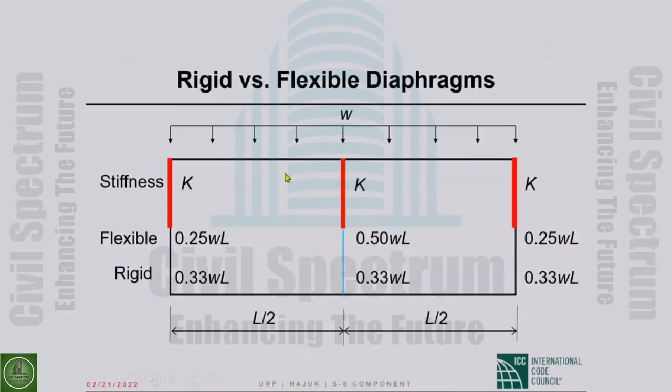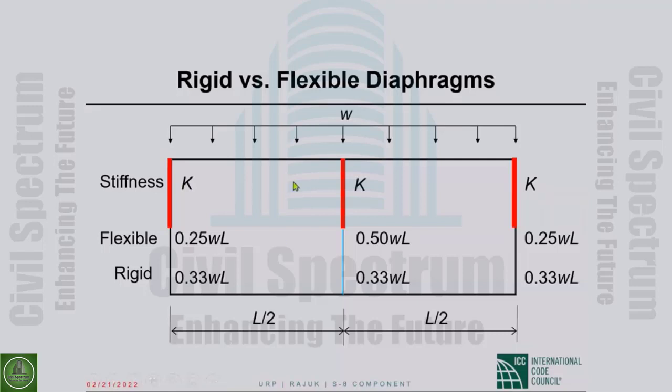So we have a diaphragm, a slab bending in its own plane under the seismically induced forces. The stiffness of each shear wall is K. Stiffness would be the force required to impart a unit of interstory drift to those shear walls. Those are the same for all three shear walls. Okay.